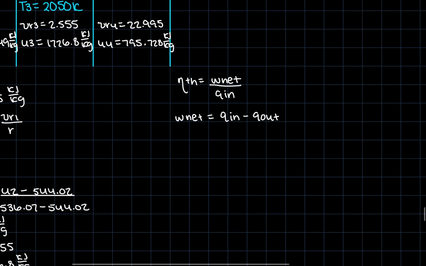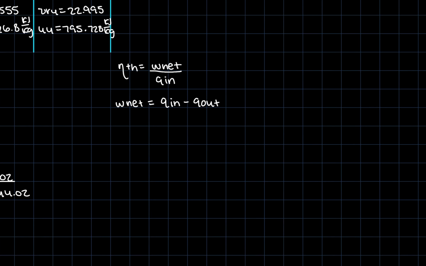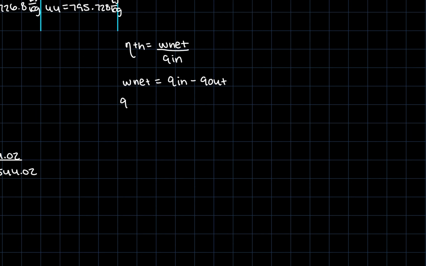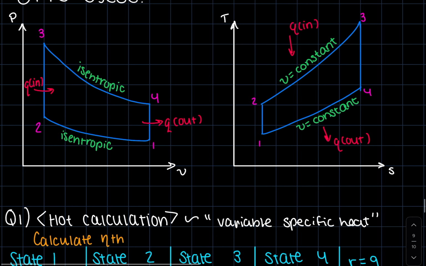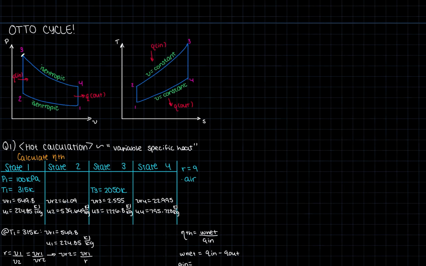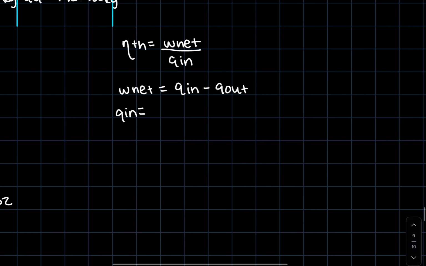So you can also do it work in minus work out, but today I'm going to do heat in minus heat out. Our heat in can be seen on the table between states 3 and 2. I want the change in the U value, so I'm going to do 3 minus 2 for that.